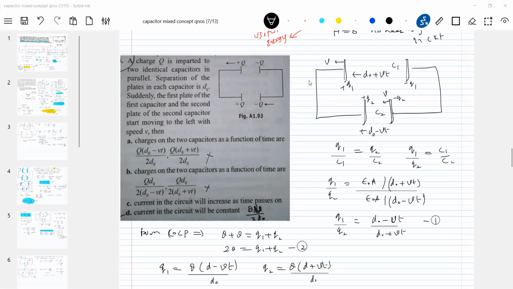Look at the equations, how we assumed it. You should not write charge here equal to again Q minus something. The Q1 is the charge at time t. This is at t equals 0, and this is at time t.